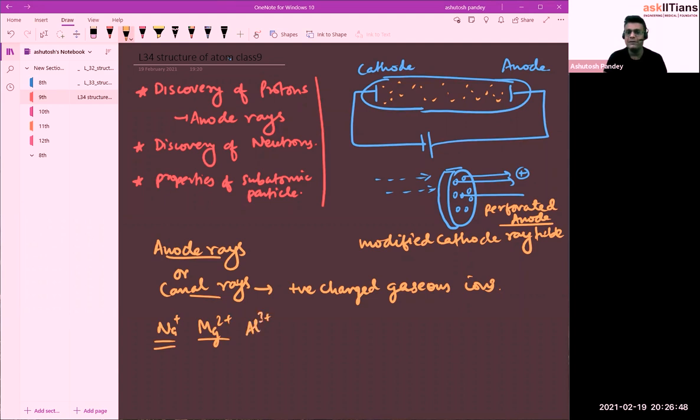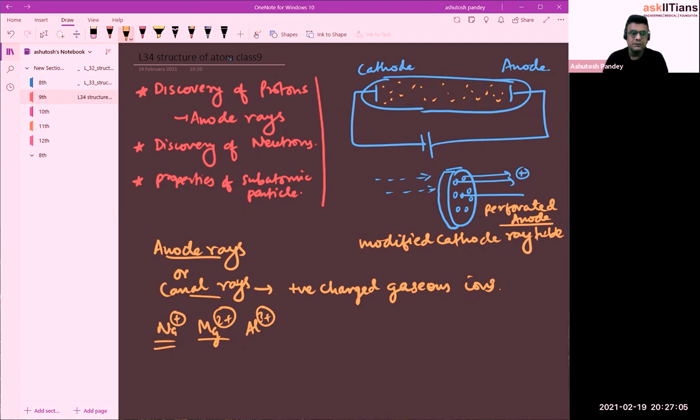Aluminium will have a +3 ion. So the particles coming out from this anode will have either a +1 charge, +2 charge or +3 charge. They can have multiple positive charges on the particles itself.